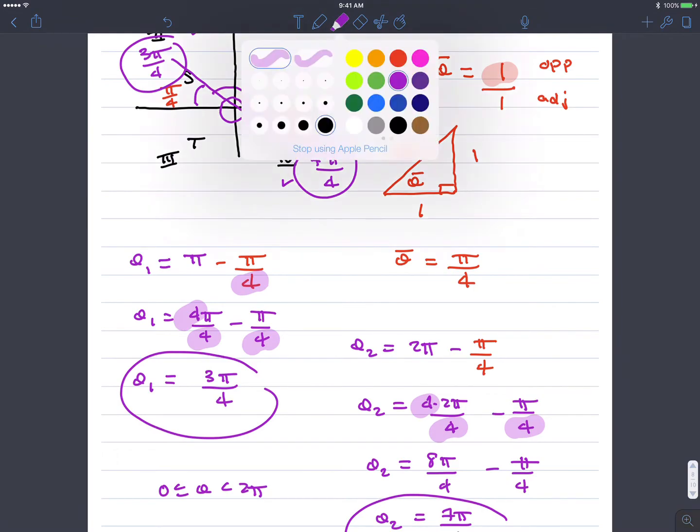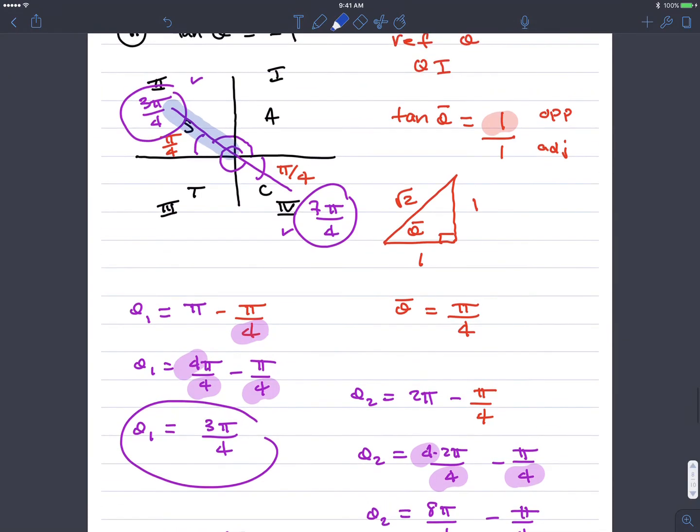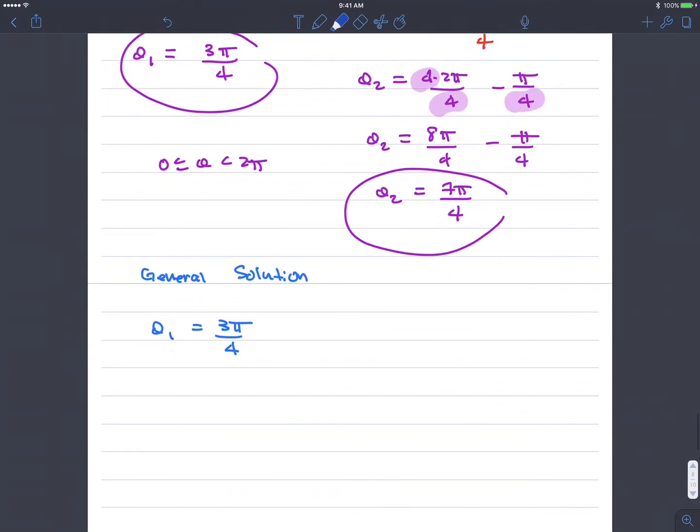Here's my angle, 3 pi over 4. If I want every solution coterminal to that, you always add a multiple of 2n pi, and again, n is an integer.